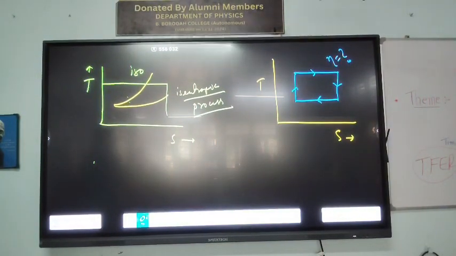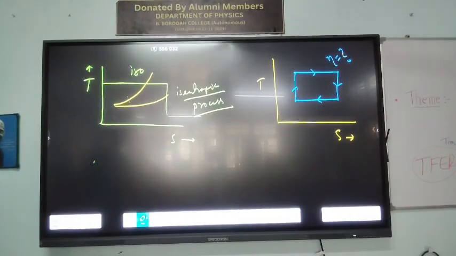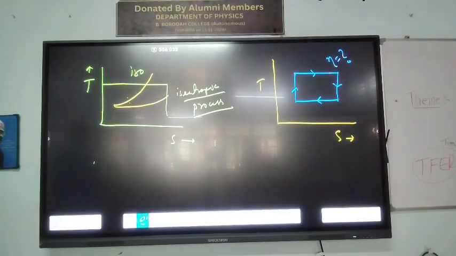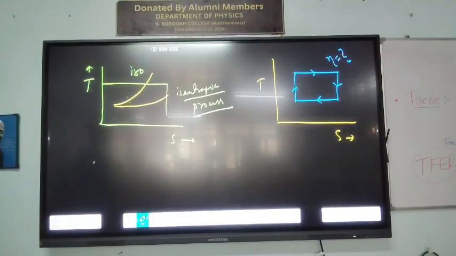But we don't know what is actually changing when entropy changes. Now we will try to understand that. So the mathematical aspect is done, and now we will go for the physical aspect.